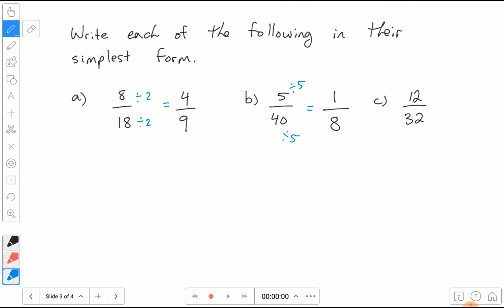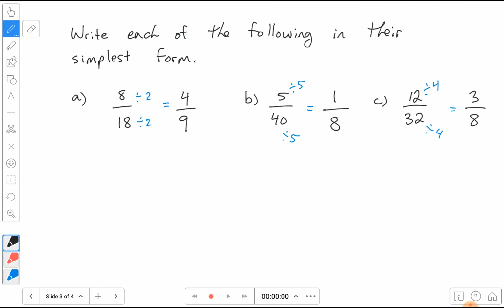They're both even, so we could divide them both by 2. But if we look for the highest common factor, we'll notice that it's 4. So we can go straight to the answer: 12 divided by 4 is 3, and 32 divided by 4 is 8. So 3/8 is 12 over 32.